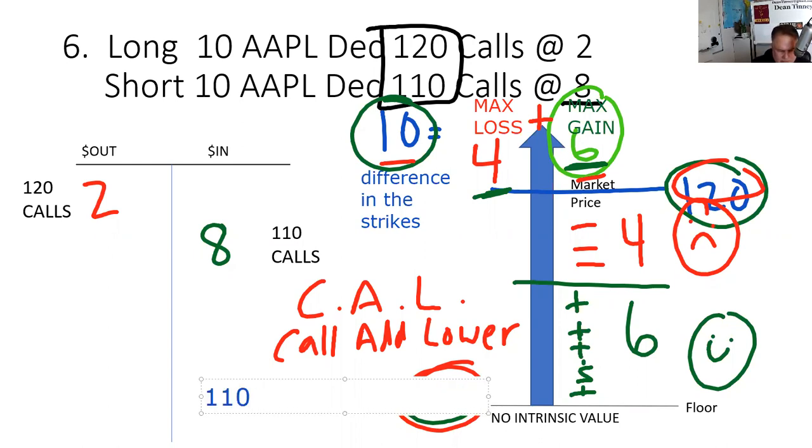And we're going to add the net premium. Doesn't matter whether that's a debit or credit, whatever that is. In this case, 6. And we get 116 is our break even. Right, the way we did that is we took the lower strike and we added the net premium.